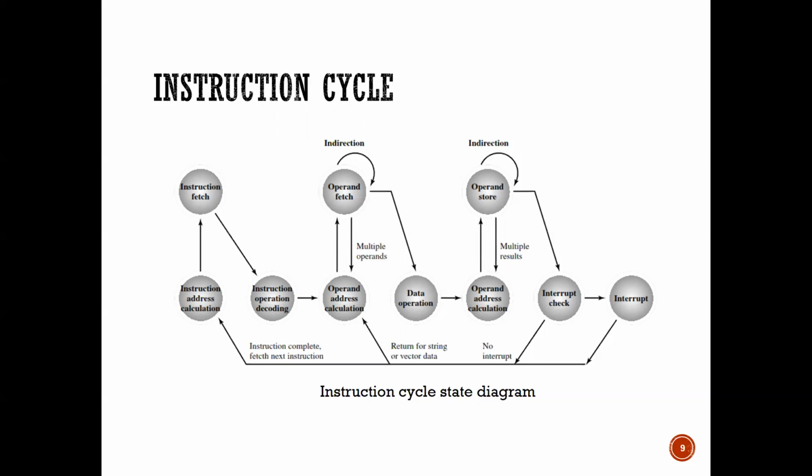Then you go to operand fetch, then data operation, and then operand address calculation. Then you store the result and interrupt check if there are other jobs. If there is no interrupt, they return, the instruction is complete, and the next instruction is fetched.